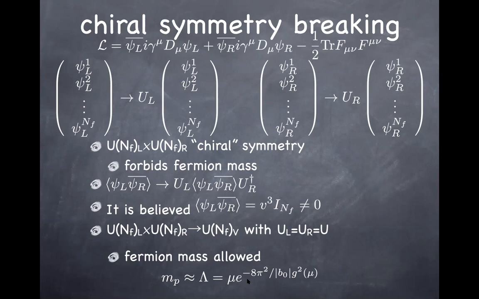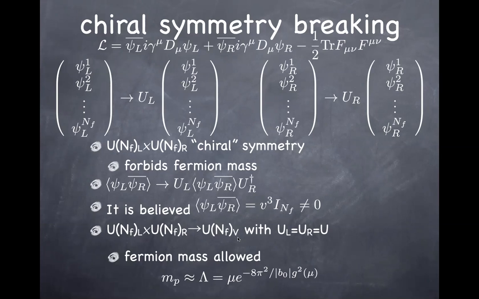So when you take this non-abelian gauge theory in general, SU(N_F) gauge theory, you have this chiral symmetry of U(N_F) left cross U(N_F) right. And then we expect this fermion bilinear to acquire an expectation value, so that the symmetry gets spontaneously broken to U(N_F) vector. And as a result of the spontaneous symmetry breaking, we believe that baryons become massive.